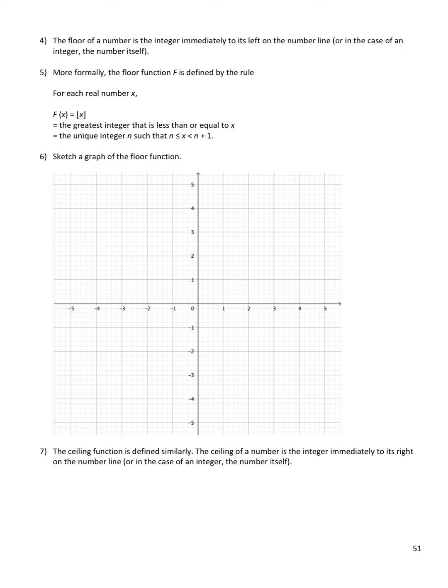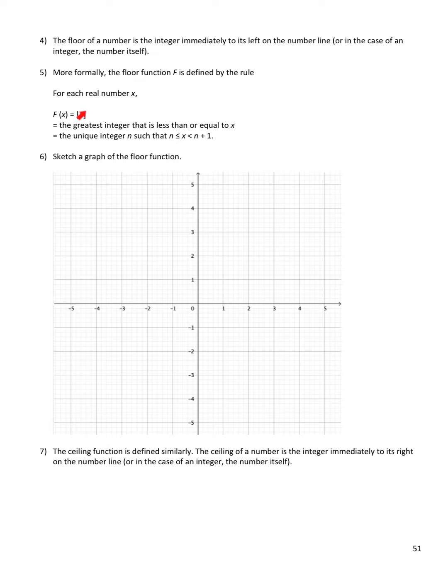The floor function is a function that rounds all numbers down to the number below. So the floor of a number is the integer immediately to its left on the number line. Or in the case of an integer, just the number itself. More formally, the floor function is defined by this rule. So f of x, and then we use this symbol.